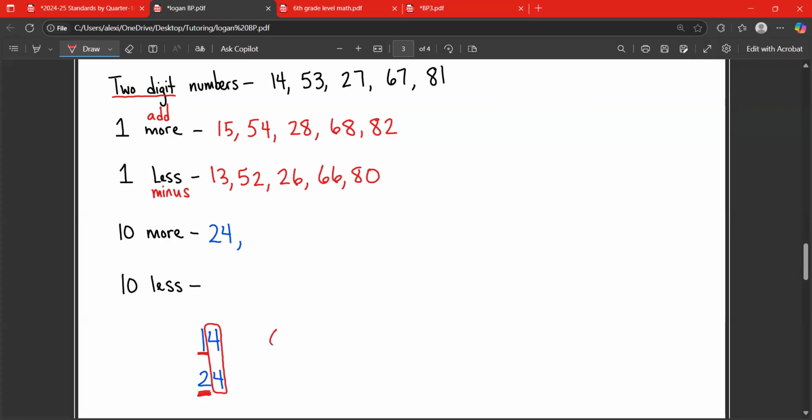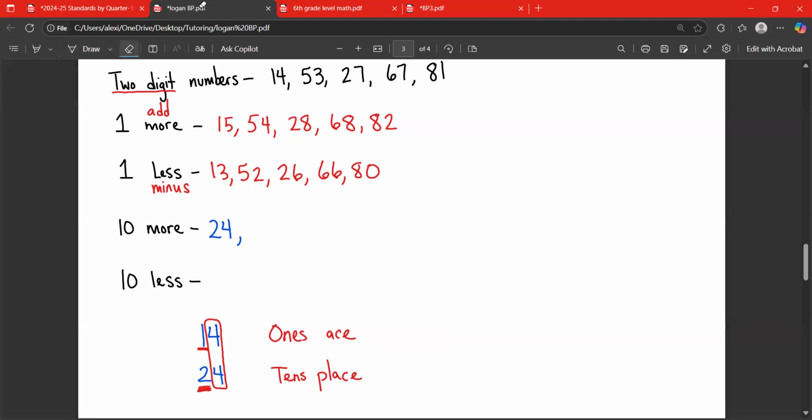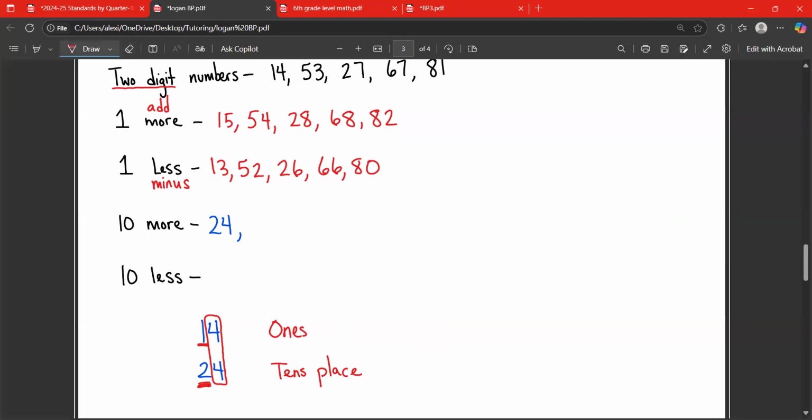Well, you're going to learn there's this thing called the ones place, and then this thing called the tens place. When I do 10 more, I'm only changing the number in the tens place.